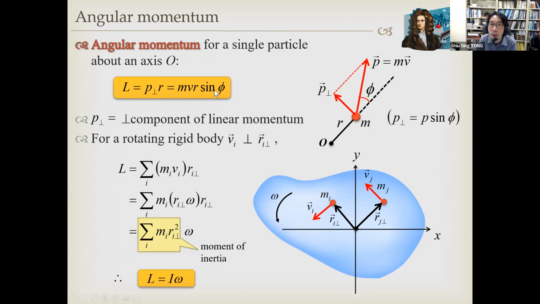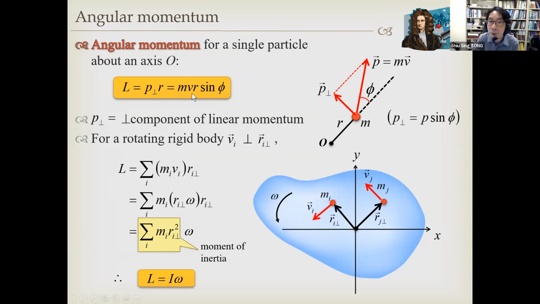Now, a particular case is when the mass has a velocity that is perpendicular to the radius r. In that case, the angle phi is equal to 90 degrees, and sine phi is 1. So you simply have mvr as your angular momentum. If you have the velocity perpendicular to the radius, you simply have mvr.